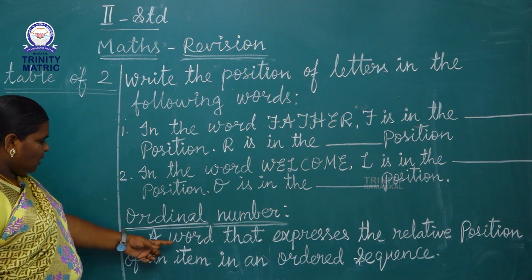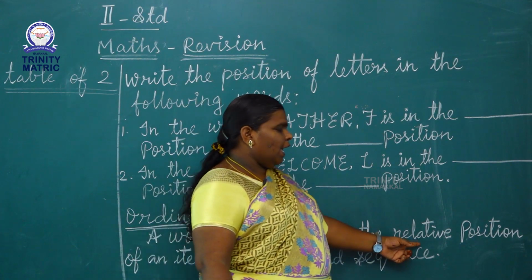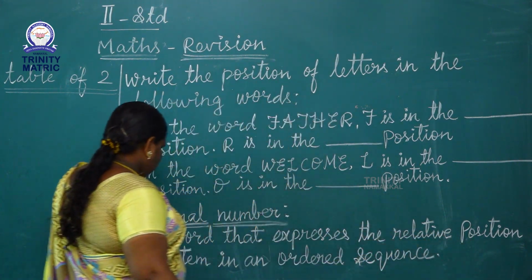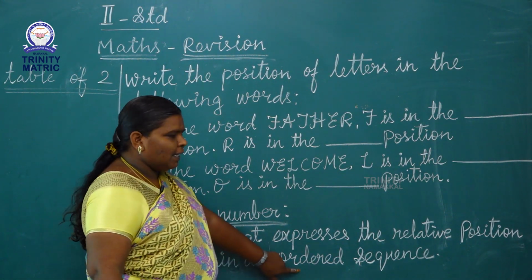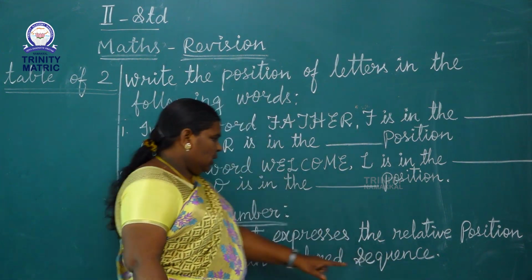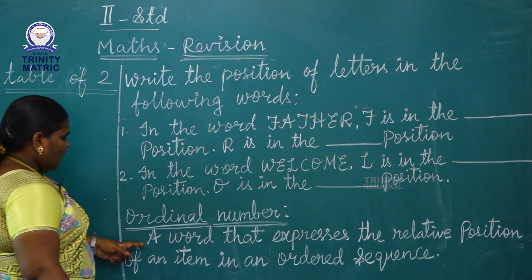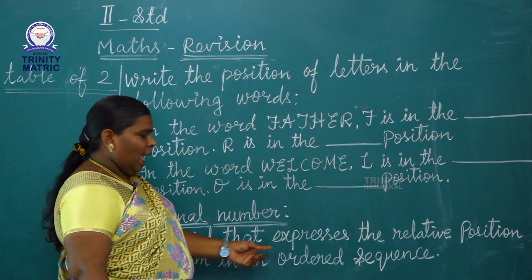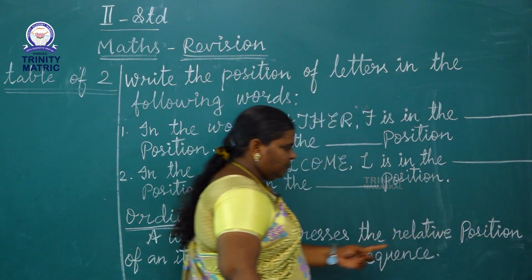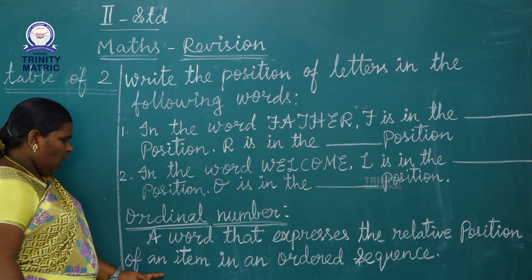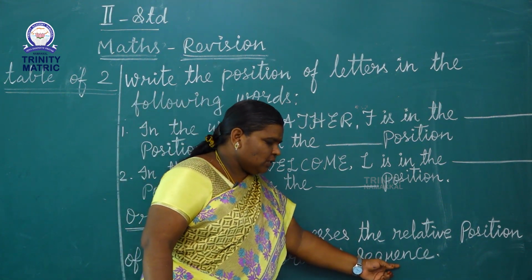A word that expresses the relative position of an item in an ordered sequence. I say again, ordinal number: a word that expresses the relative position of an item in an ordered sequence.